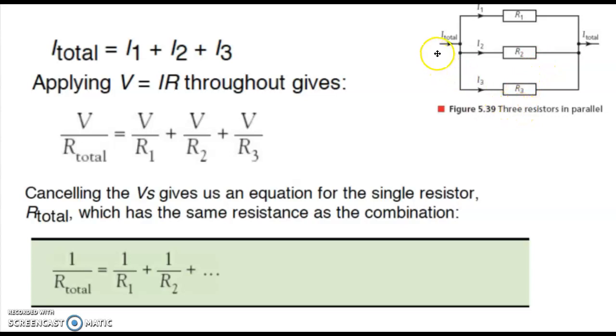So if I have a situation like this one where I have 3 resistors in parallel, then I can find the total by working out 1 over R1 plus 1 over R2 plus 1 over R3. That would give me a number which would be equal to 1 over RT. So the inverse of that total would give me RT.